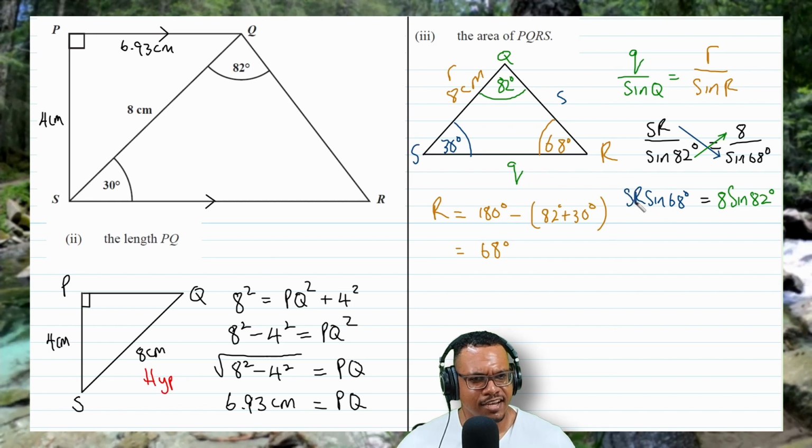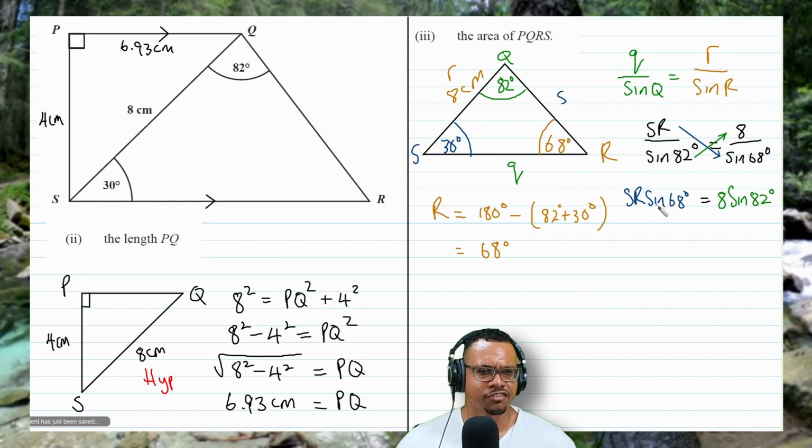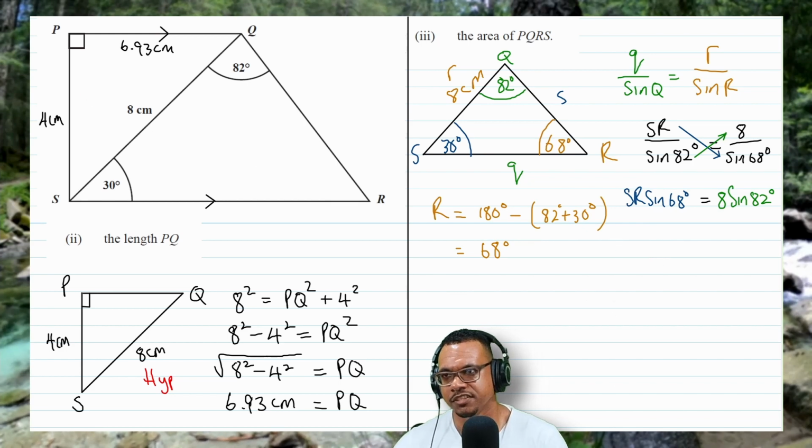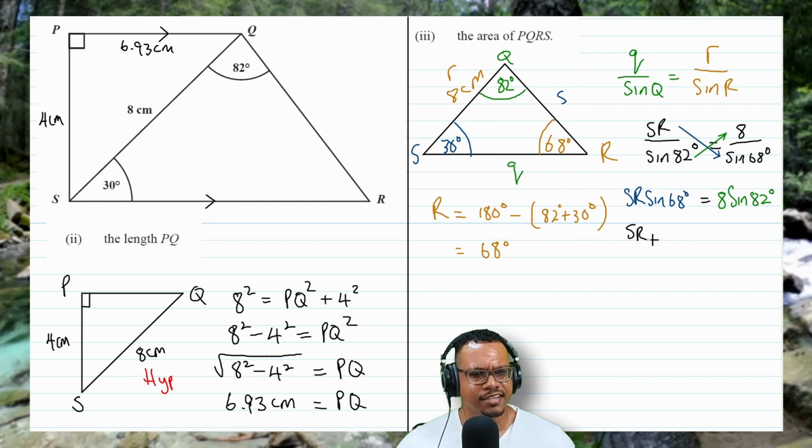So now seeing that SR is being multiplied by sine 68, when I transfer sine 68 across the equal sign, the operation changes from multiplication to division. So I'll have SR is equal to 8 sine 82 divided by sine 68 degrees.